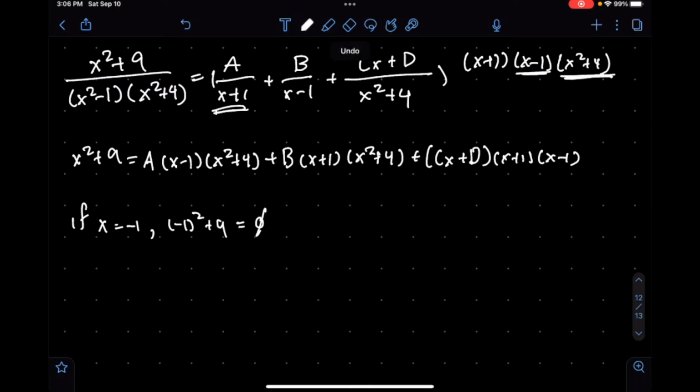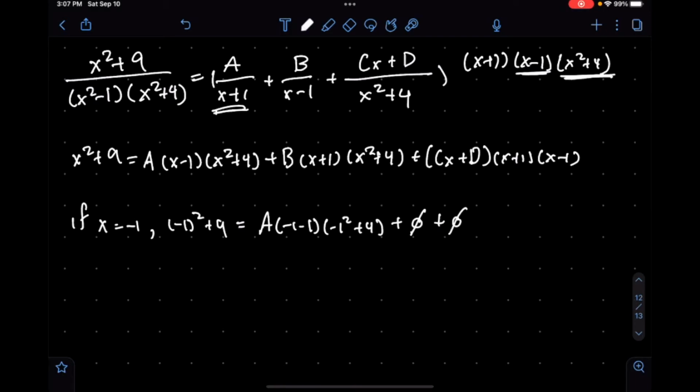Oh, sorry. No, we get a times negative 1 minus 1 times negative 1 squared plus 4, plus the b term cancels out, and the cx plus d term cancels out, because they both have x plus 1 in it.